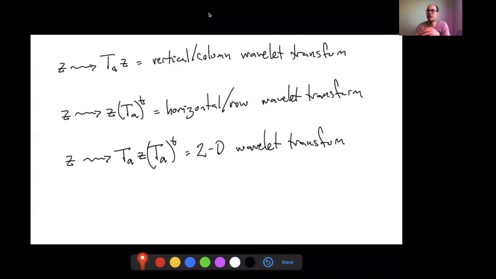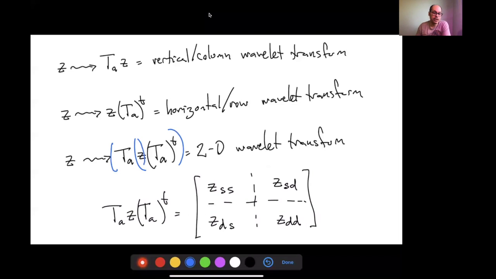And here is an interesting part: it doesn't matter which order you do this in. Because of associativity of matrix multiplication, if I do this product first versus the other product first, I get the same answer. This is just associativity of multiplication.